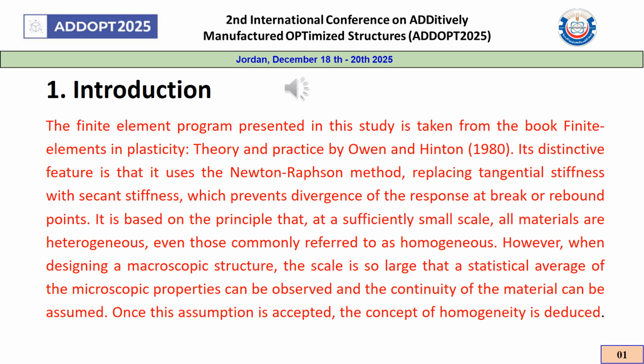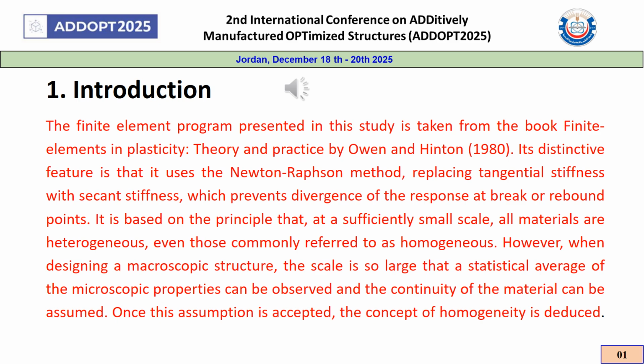It is based on the principle that at a sufficiently small scale all materials are heterogeneous, even those commonly referred to as homogeneous. However, when designing a macroscopic structure, the scale is so large that a statistical average of the microscopic properties can be observed, and the continuity of the materials can be assumed.